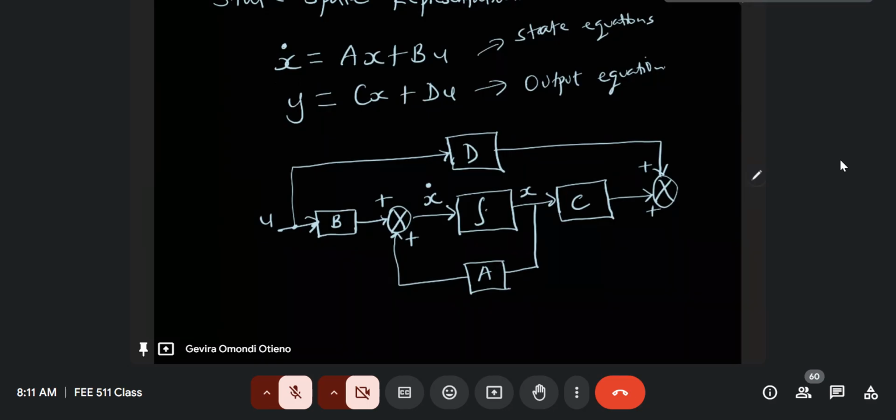So we have cx plus du, and that gives us the output y. So basically, this is the equivalent block diagram that represents our state space representation.